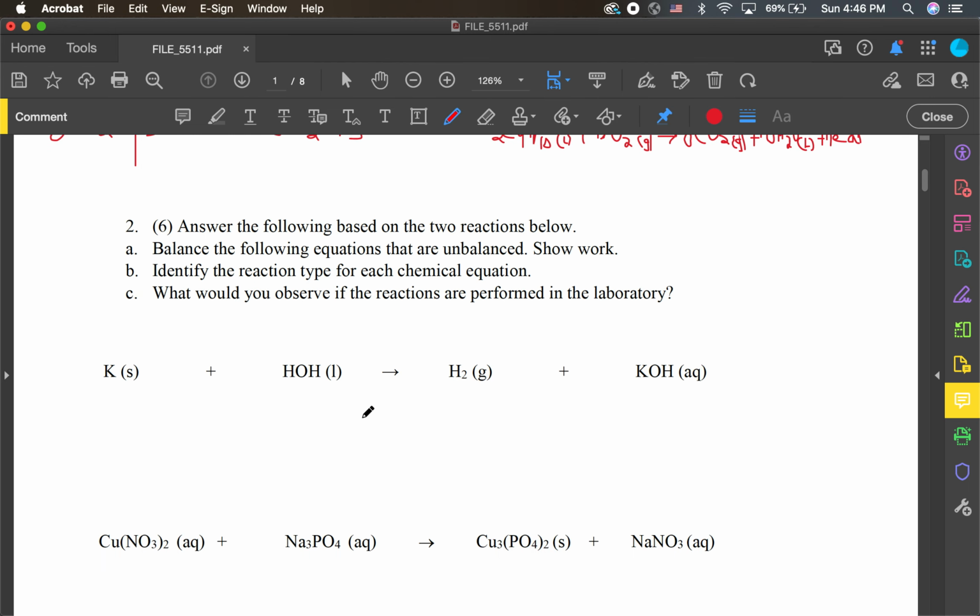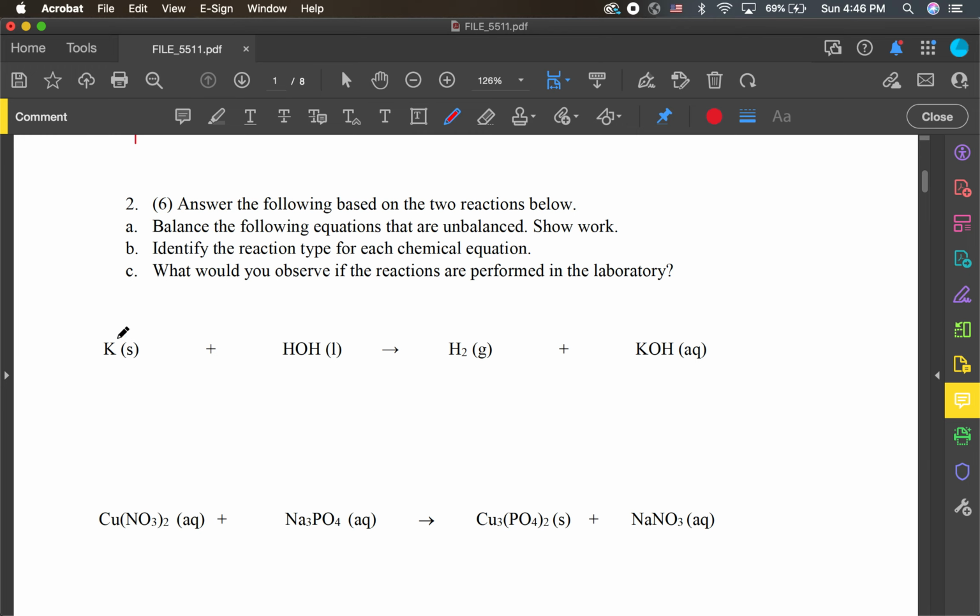So let's go down to this one right here. Okay, the first one. So you're taking a solid here, and you're adding it HOH, again we talked about, that's water, and then that's going to result in hydrogen gas and potassium hydroxide. Okay, it's potassium.